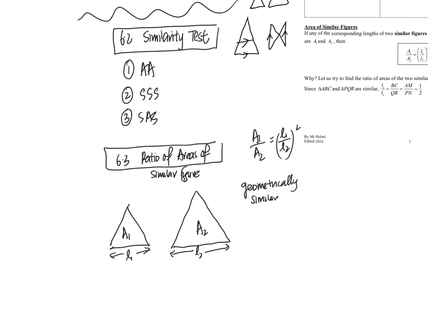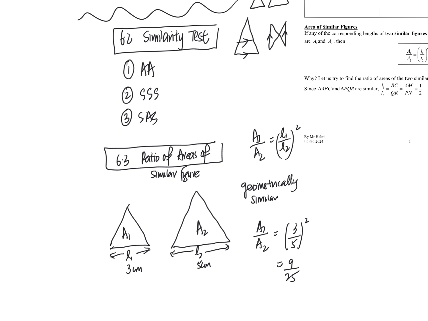So meaning, if I say this is 3 cm and this is 5 cm, then the ratio between area of A1 and area of A2 will be a square of it. So that means the ratio is 9 units for A1 and 25 units for A2. That's all.